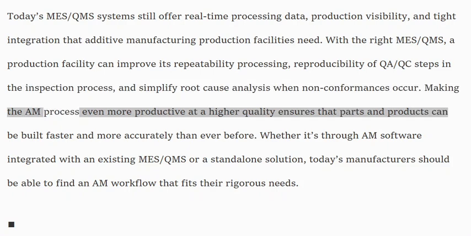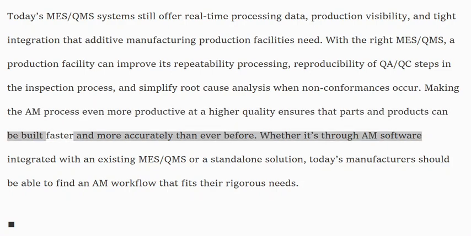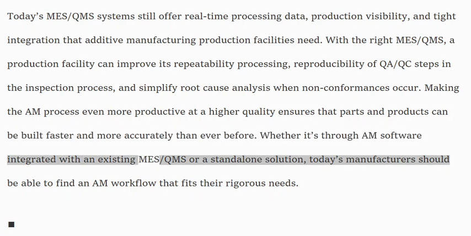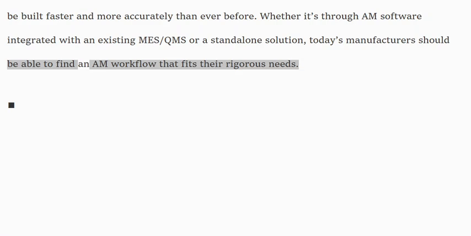Making the AM process even more productive at a higher quality ensures that parts and products can be built faster and more accurately than ever before. Whether it's through AM software integrated with an existing MES QMS or a standalone solution, today's manufacturers should be able to find an AM workflow that fits their rigorous needs.